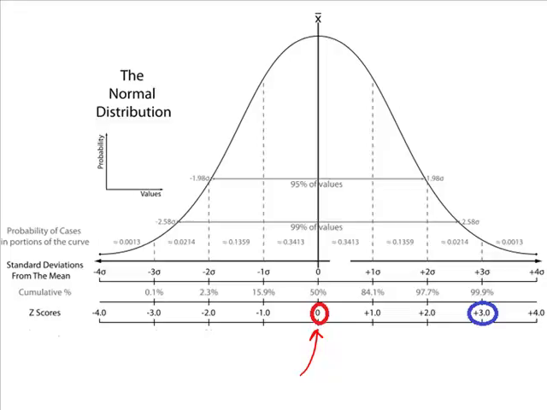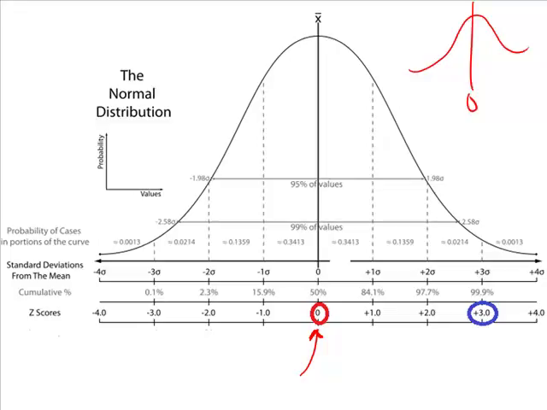Z, the way it's distributed is to fit the area under the curve. So we're going to start in the middle with a z-score of 0. So z on a normal curve, always, whenever you draw one, this is 0.